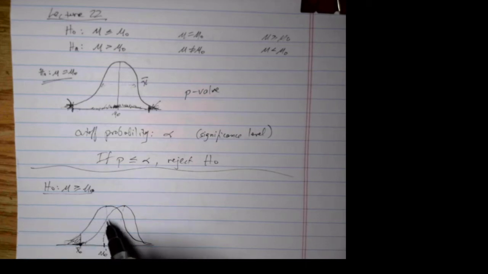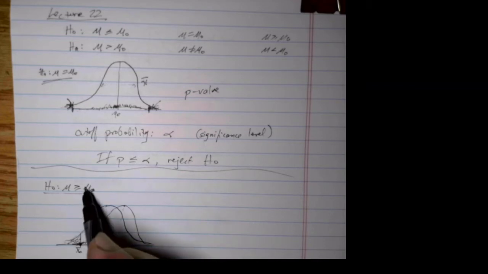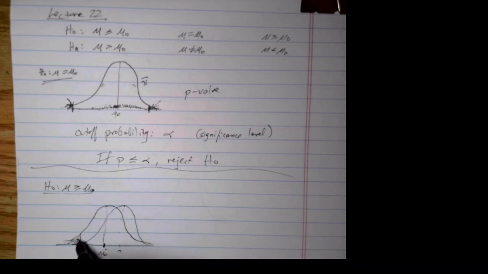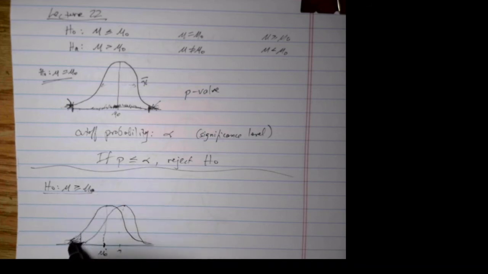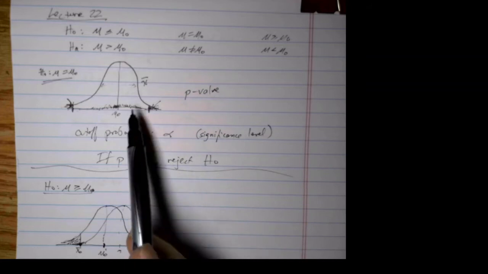It's as large as it can possibly be. This is as far to the left as we can think of mu being while still making this true. And that gives this null hypothesis the largest probability possible of being true. So that's what we're going to do. We're going to use the same kind of picture we used up here to test this.